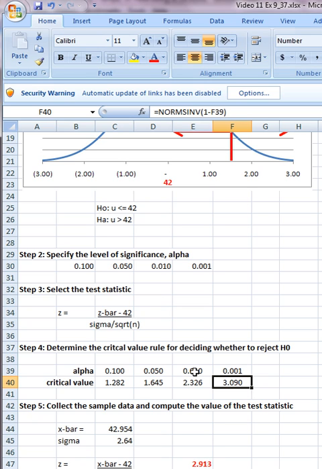We reject that null hypothesis and accept the alternative hypothesis that the mean must be greater than 42. Put another way, it's just impossible to believe that we would have drawn a sample of 42.954 if the true mean is 42. It's really got to be something greater than that.